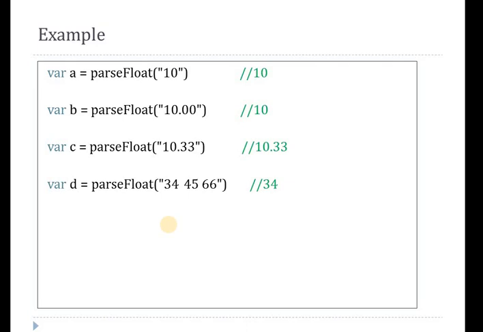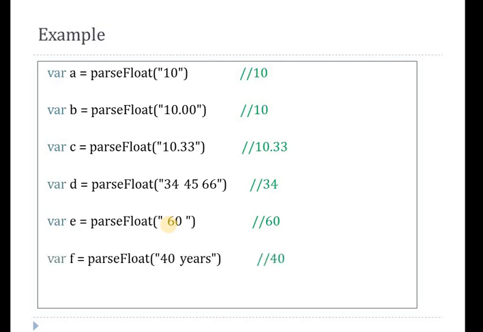Then parseFloat of 34 45 66. Whenever there is a space between 34 and 45, this space cannot be converted to a number. That's why it will just go for 34 only, and it will return 34. After that, variable e, parseFloat 60, and it will just return this value.